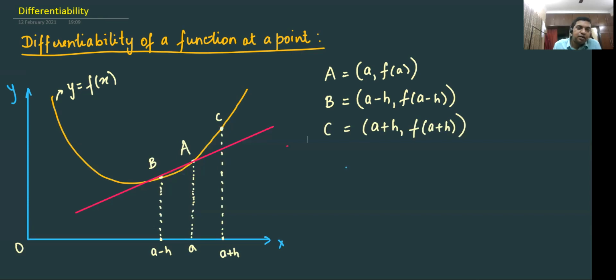So I have drawn a chord AB. Now when you extend this chord, this is called the secant.